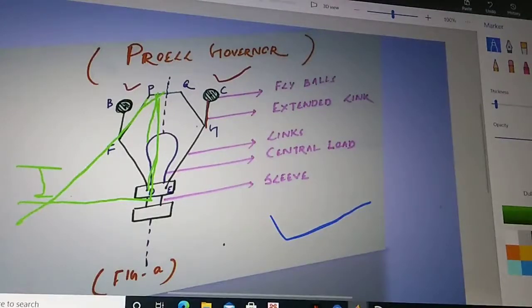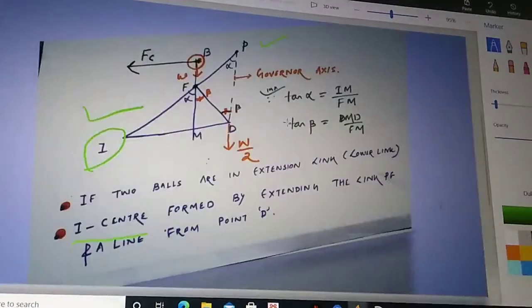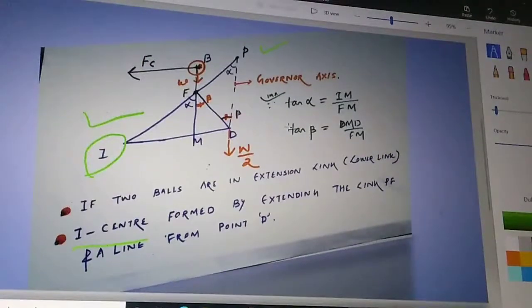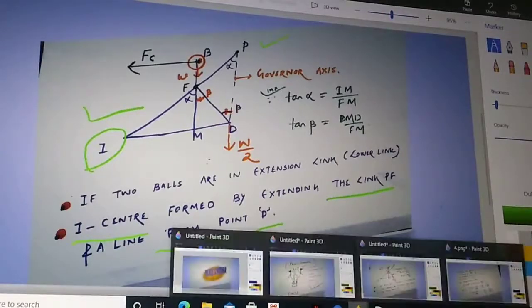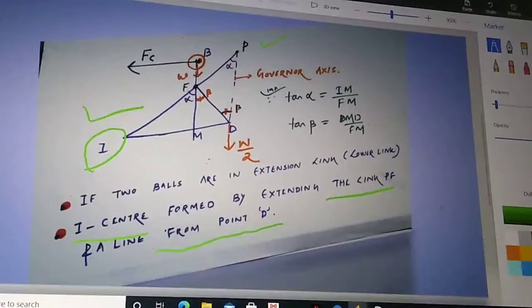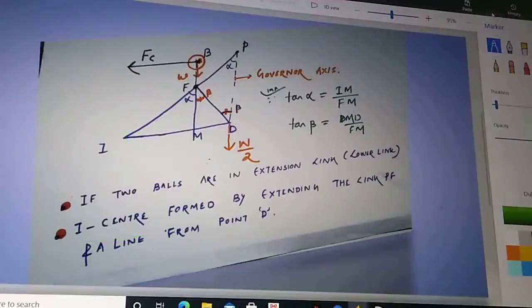So the I center is formed by extending the link BF and a line from the point D. If we analyze again the angle specifications here, suppose this is the angle alpha with the governor axis.